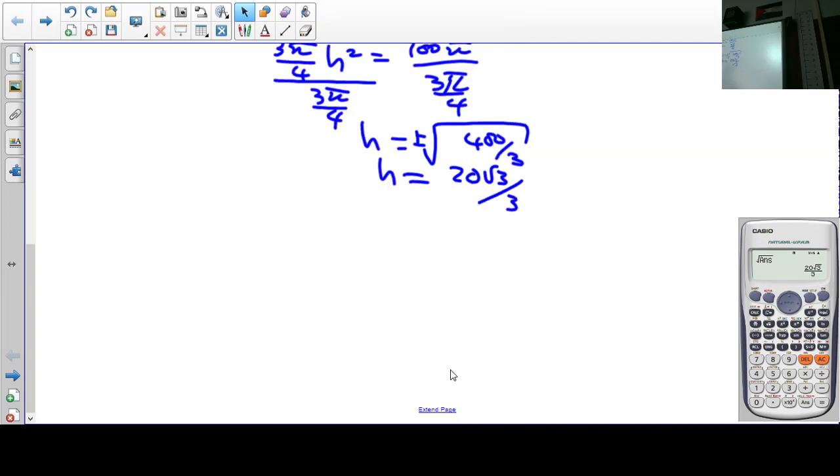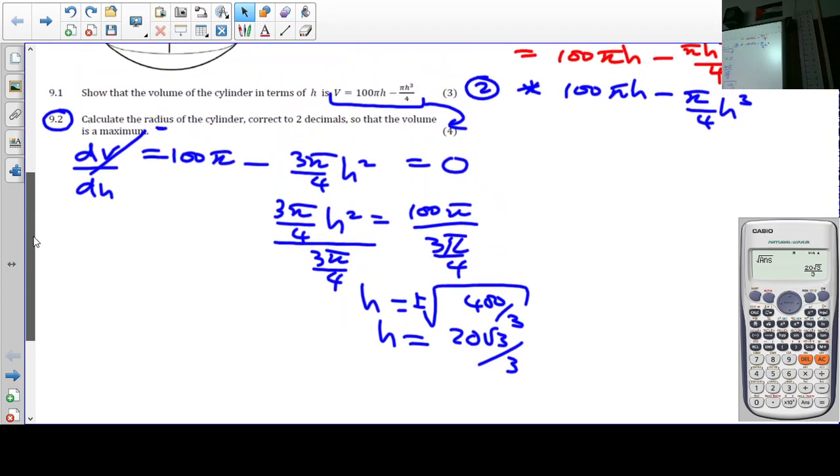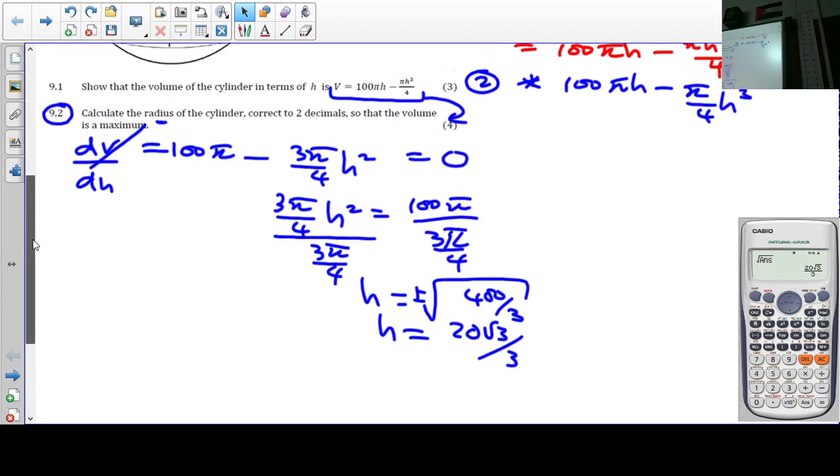Okay. But coming back to the question, what was the question? The question was to calculate your radius. So to calculate your radius, let me just get the formula from the previous question.